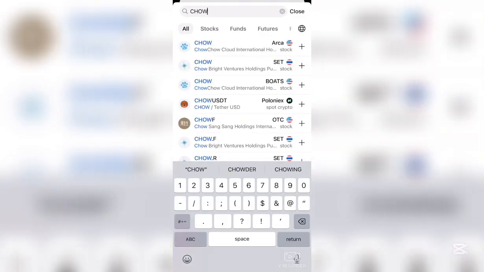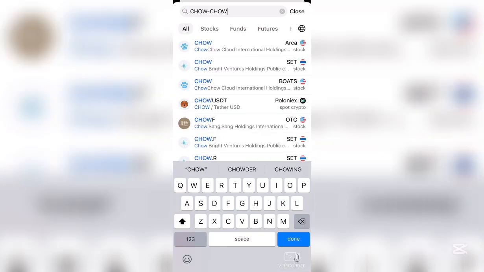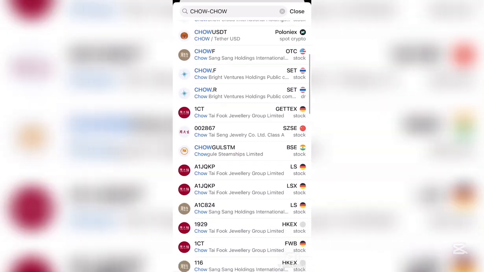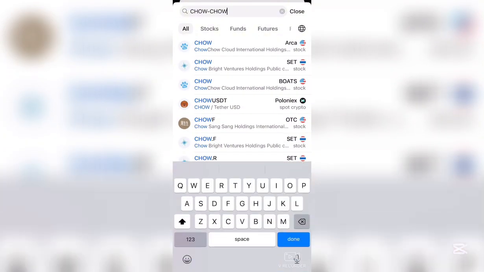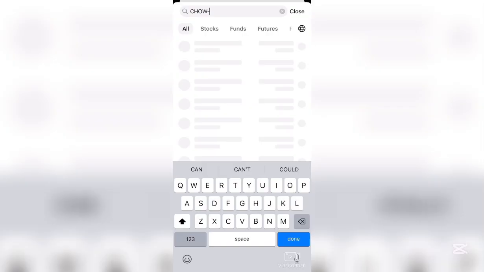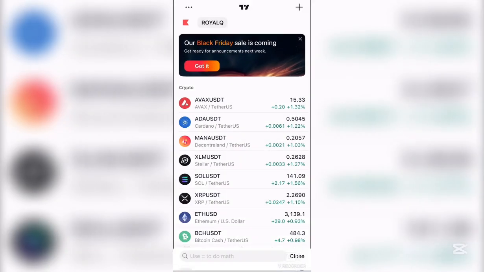Let me see for the last time if it will show up. Chow Chow is not here. So I think with Chow Chow, what I do is that I rely on CoinMarketCap and CoinGecko to see how it's faring. So that's it.